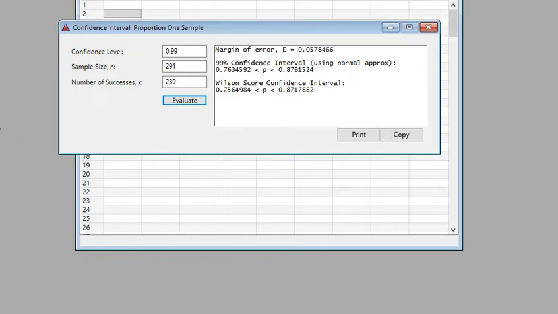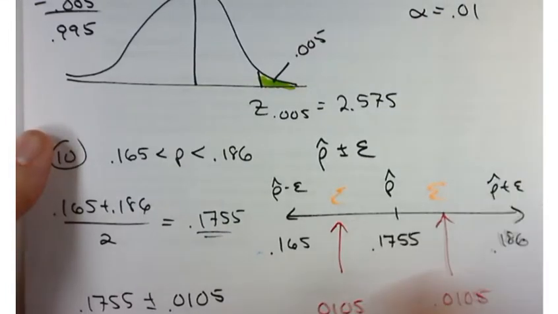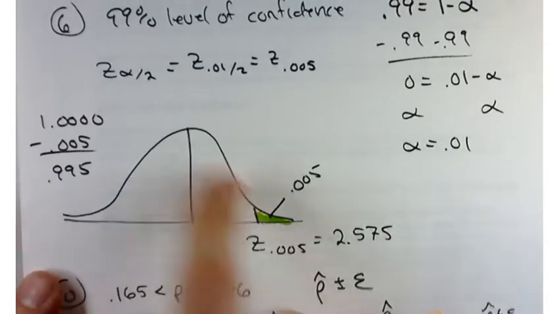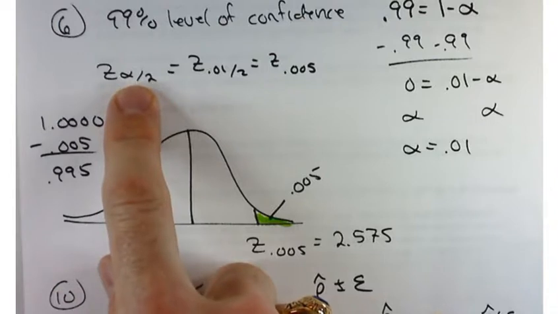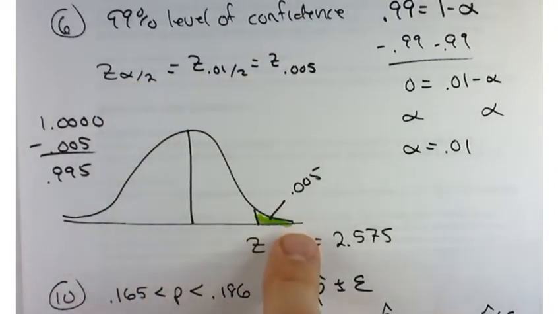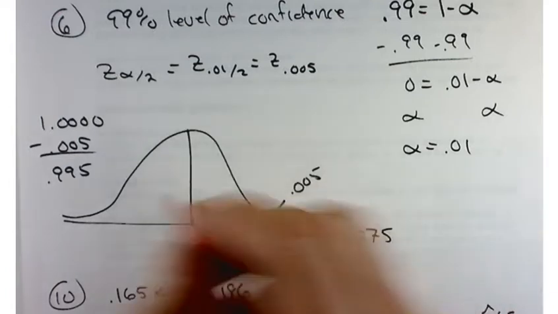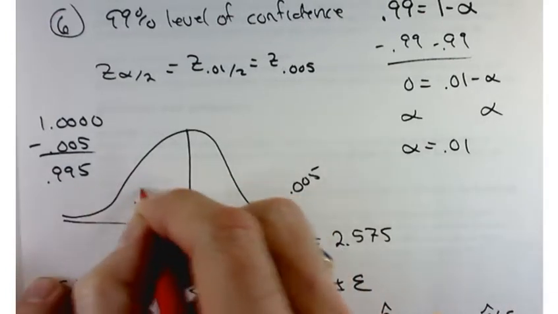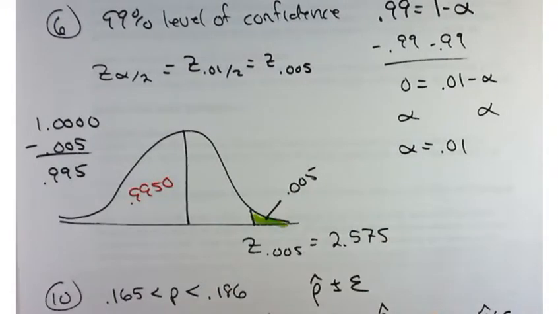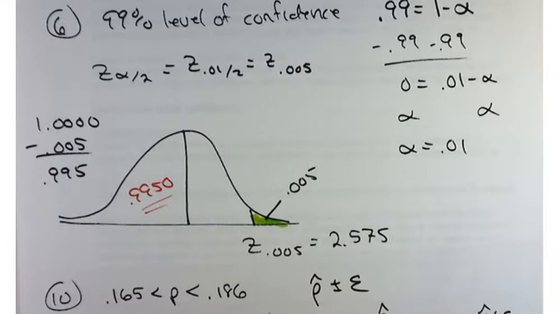Okay. I stole that from a previous calculation that we did today. So in problem number 6, we wanted to find z sub alpha over 2, which was 0.01 over 2, which is z sub 0.005. So to find that, if you're putting 0.005 of the area in the right tail, that means the rest of it, 0.9950, is in the left tail. And what you would do is look for a value as close as possible to that in your z table.